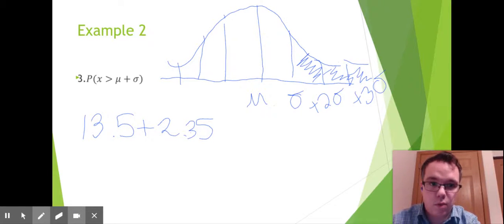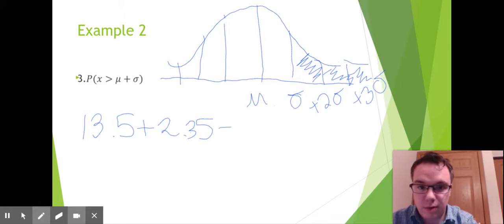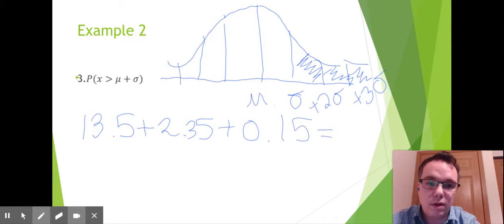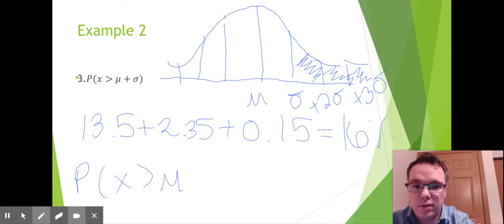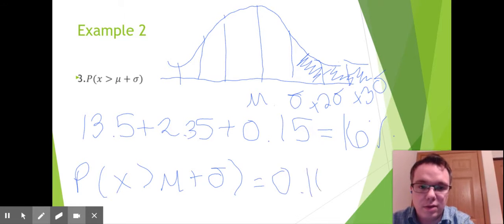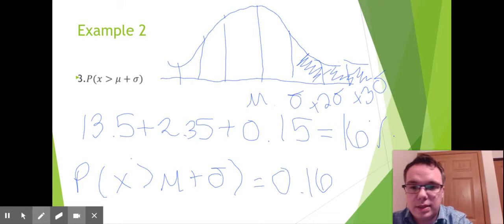And we have anything past 3 standard deviations above the mean, which is 0.15%. So if we add all of those numbers together, we get 16%. So our actual probability that any data point is above one standard deviation above the mean is 0.16.